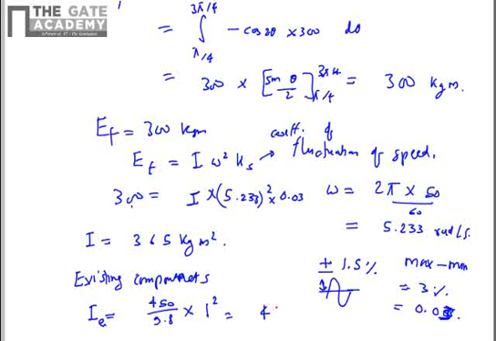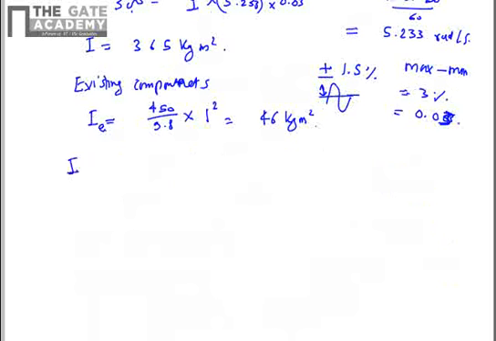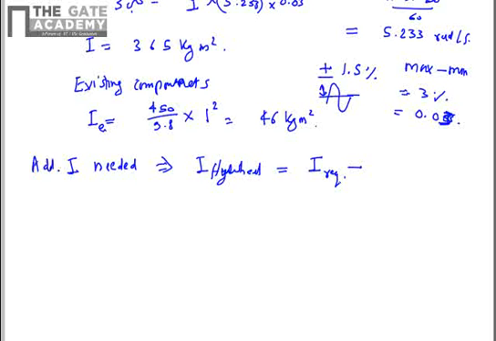The existing component has nearly 46 kg meter square of moment of inertia. So the moment of inertia needed, I flywheel, that we have to add to keep the fluctuation of speed within the limit, will be equal to I required minus I existing.